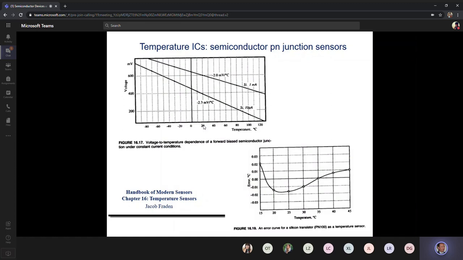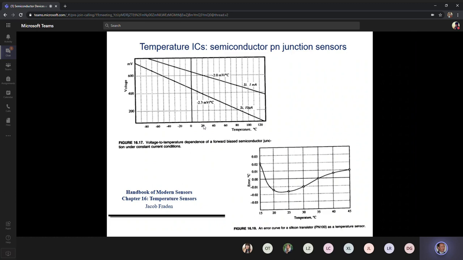The two curves refer to two different currents forced by the current generator in series to the PN junction.